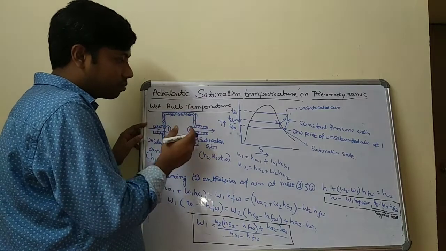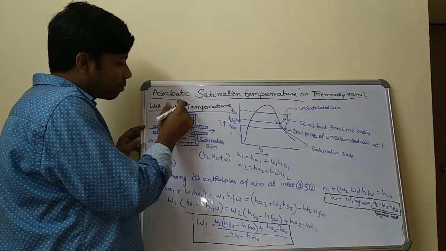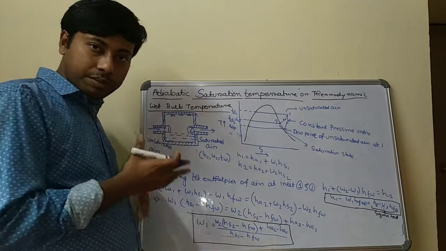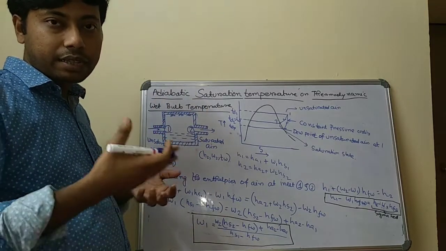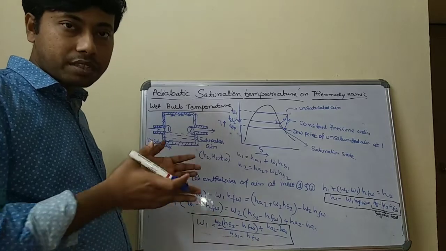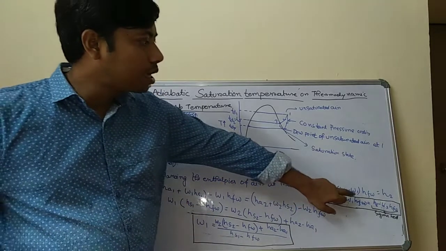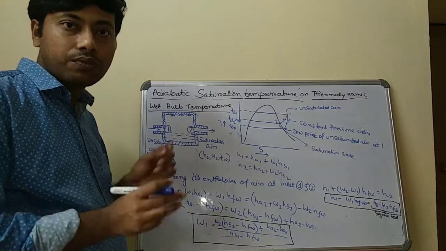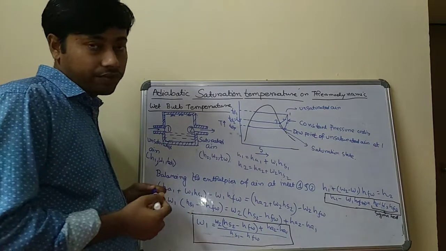When it exits from this condition, the makeup water flows into the insulated chamber, and because of that the evaporation process takes place, so the specific humidity increases. That means the specific humidity change will be W2 minus W1, into HFW. HFW indicates the sensible heat for water vapor.